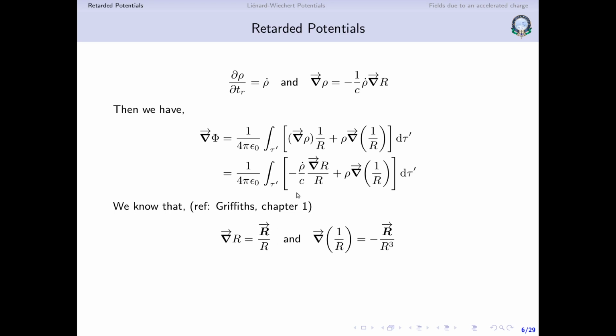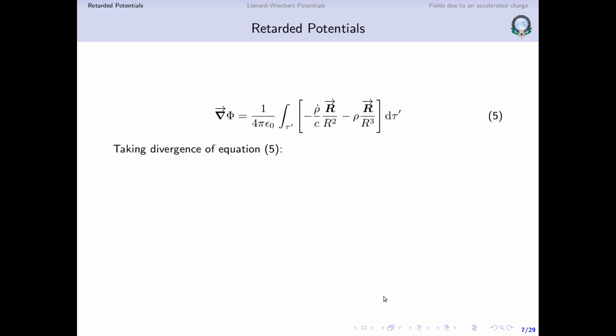Now all you have to do is plug them back in. The gradient of R gives us vector R divided by R, and the gradient of 1/R is minus vector R by R cubed. Substituting back gives the gradient of φ equal to 1/(4π ε₀) integral over τ' of minus ρ dot by c times R-cap by R squared, minus ρ times R-vector by R cubed. We call this equation number 5.